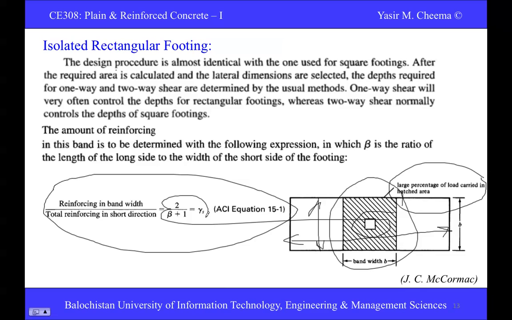The formula is 2 over beta plus 1, where 2 and 1 are simple numerical factors, and beta is the ratio of the length of the longer side to the width of the shorter side, that is, longer side over shorter side.